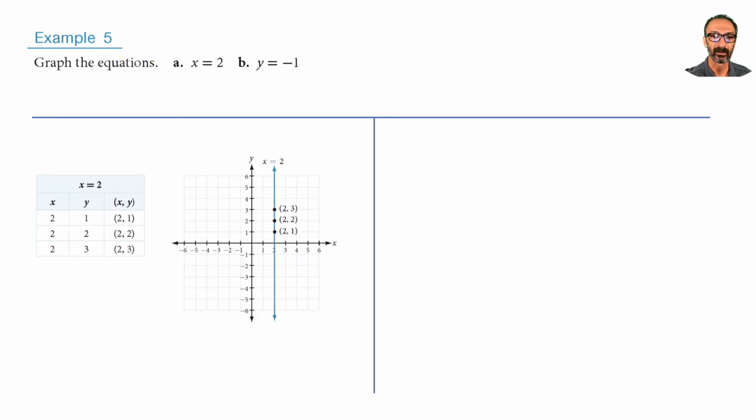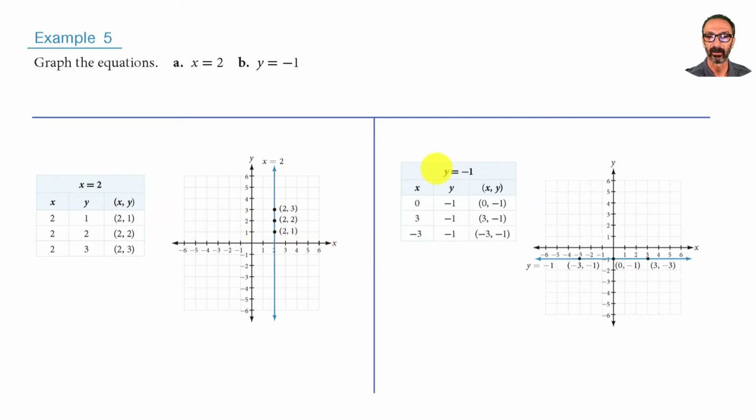This is going right for x equals 2 and make it vertical, and this is going down for y equals -1 and you keep it horizontal. So when y is fixed, it's horizontal. When x is fixed, it's vertical.